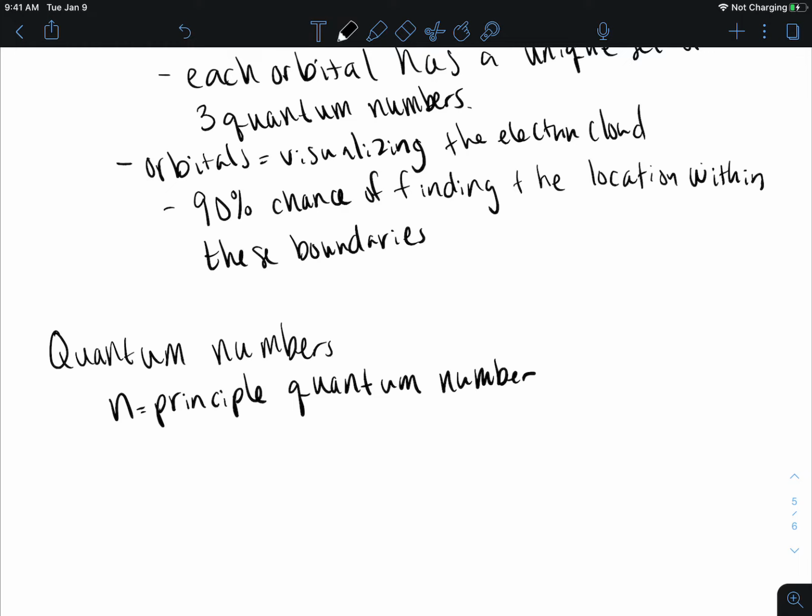But we have additional quantum numbers we're going to look at. We have L, and we have m sub L. We'll look at another one as well. But all three of these are used to describe the electron, where our L is called the angular quantum number, and m sub L is called the magnetic.